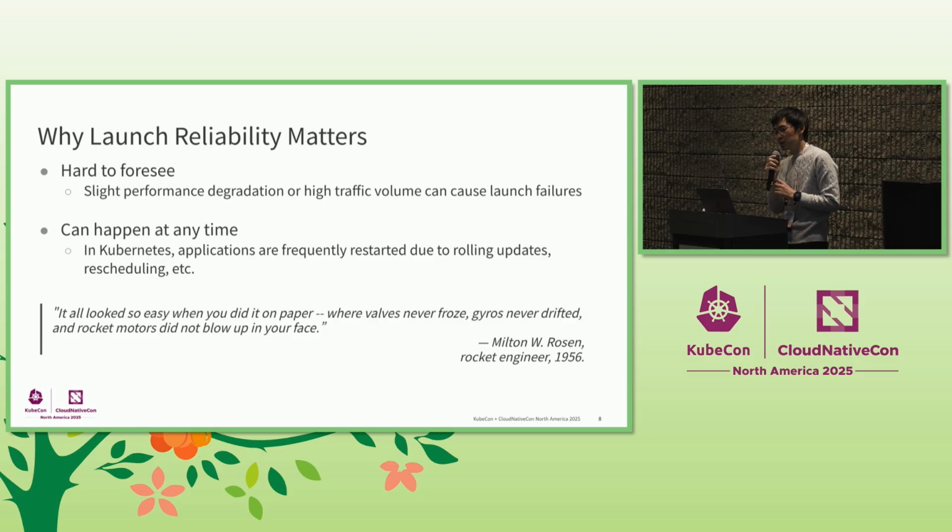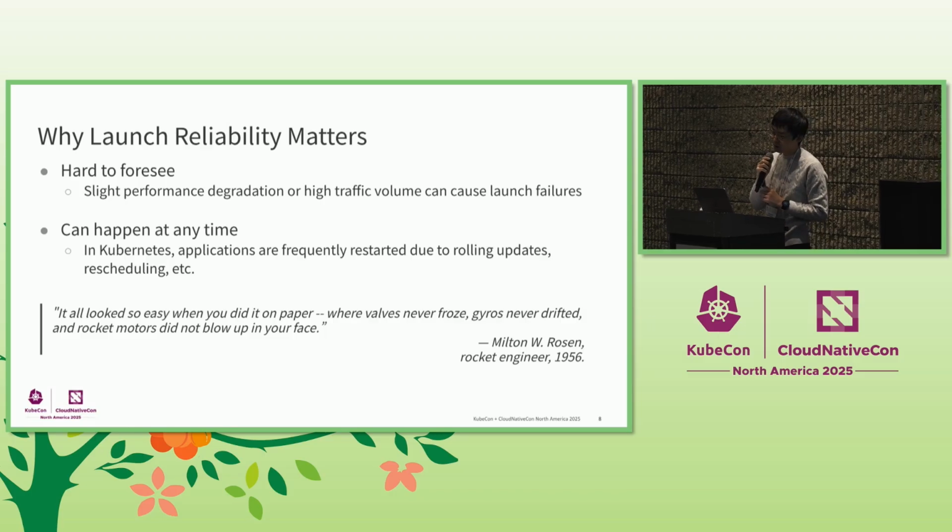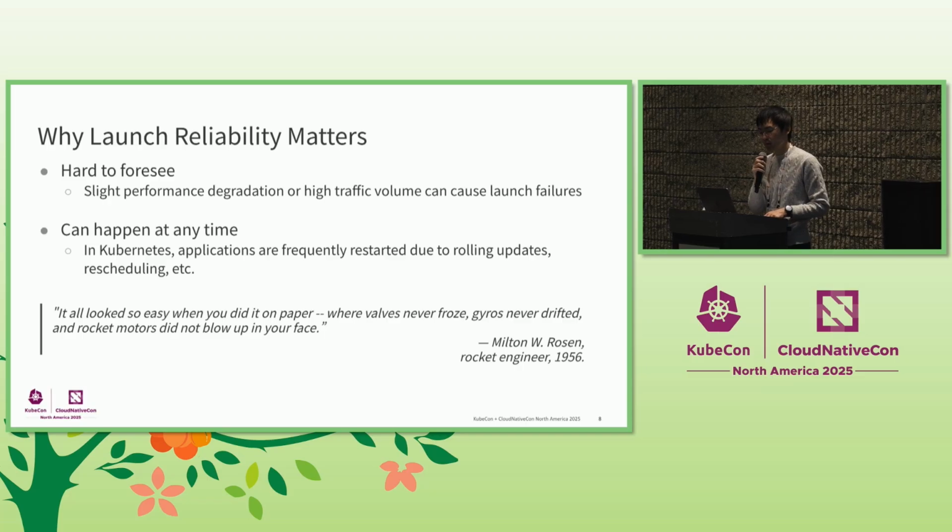What makes these causes challenging is that they are unpredictable. The results come from slight performance degradations that accumulate over time or from sudden changes in external conditions, making them difficult to detect before they trigger the problems.